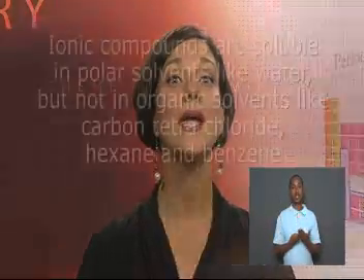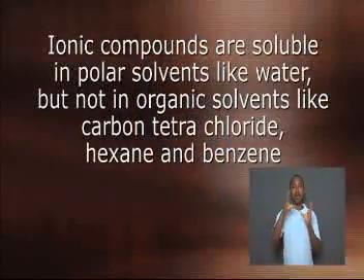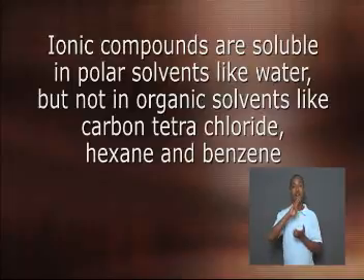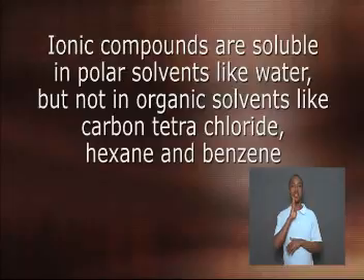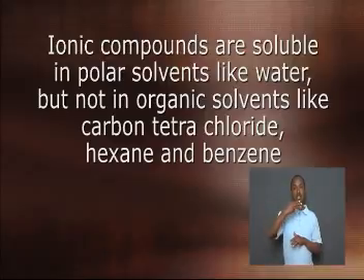Thus, we can conclude that ionic compounds are soluble in polar solvents like water, but not in organic solvents like carbon tetrachloride, hexane, and benzene. Were you able to correctly identify those general properties of ionic compounds? If so, well done! Let us continue our lesson with another experiment.